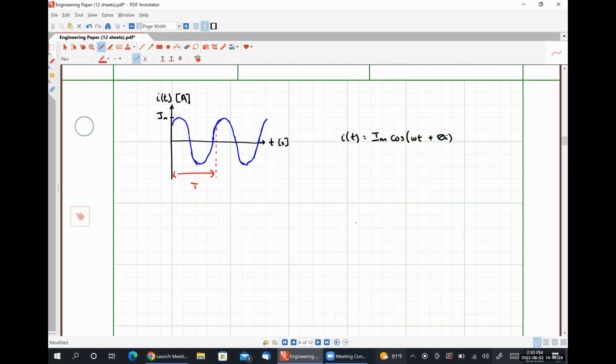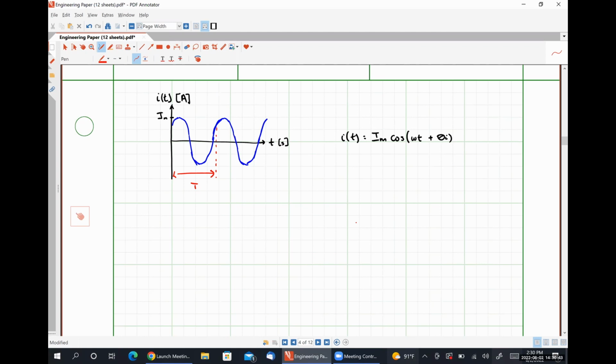All right, so we have our sinusoidal current waveform, and we're investigating the relationship between capital T, the period, and the angular frequency. Now, we discussed this in our sinusoidal review lecture a while back.